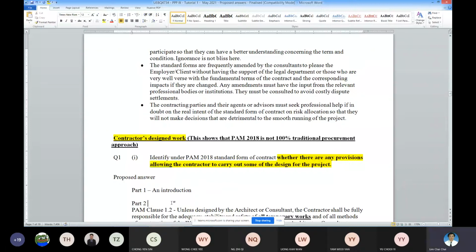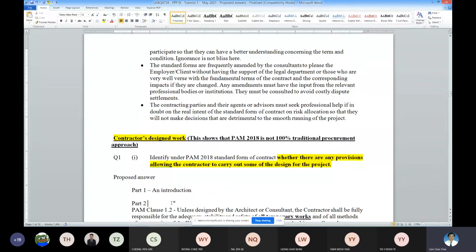So you ask this question: can you identify any provisions under your PEM 2018 standard form where the contractor can do the design?